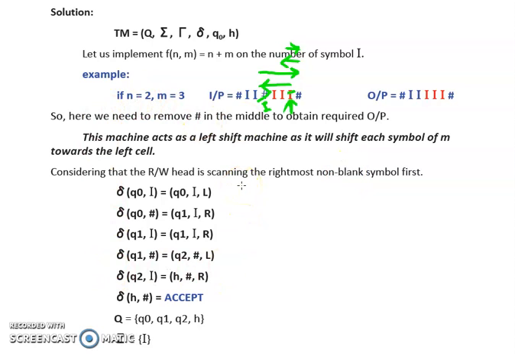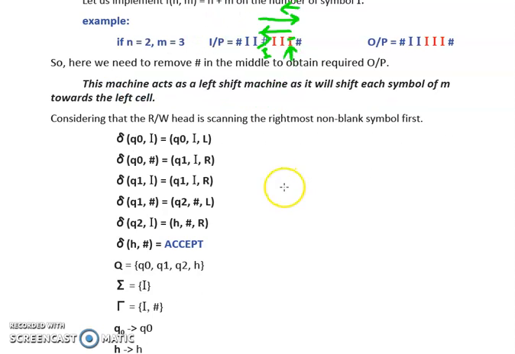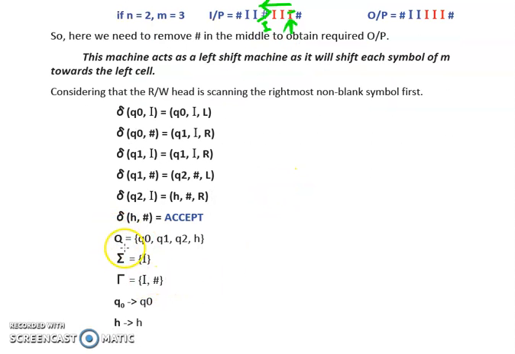Now the other 5 tuples apart from delta: capital Q is our set of states. So the states that we have used over here are Q0, Q1, Q2 and H. So the set of states will be Q0, Q1, Q2, H. Then sigma is the set of input symbols that we have provided, except the blank symbol.